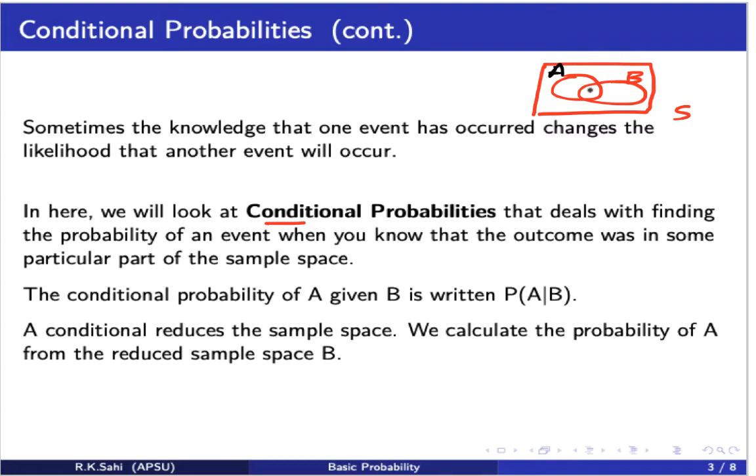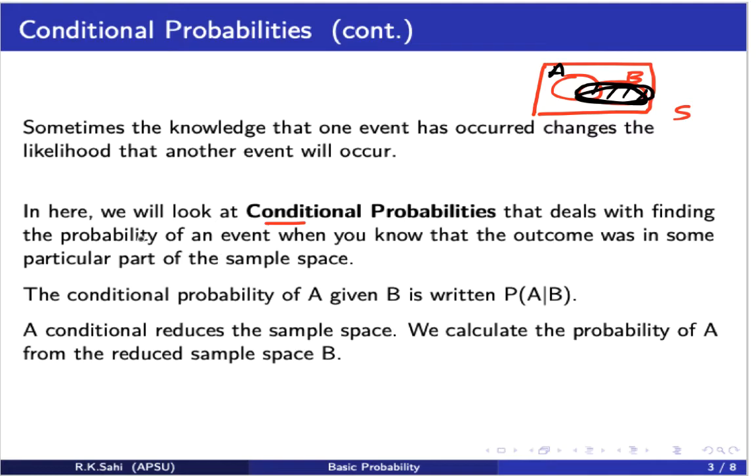So instead of having this whole big sample space, our sample space is now narrowed down to the event B. And then we focus on what is the probability of A happening.